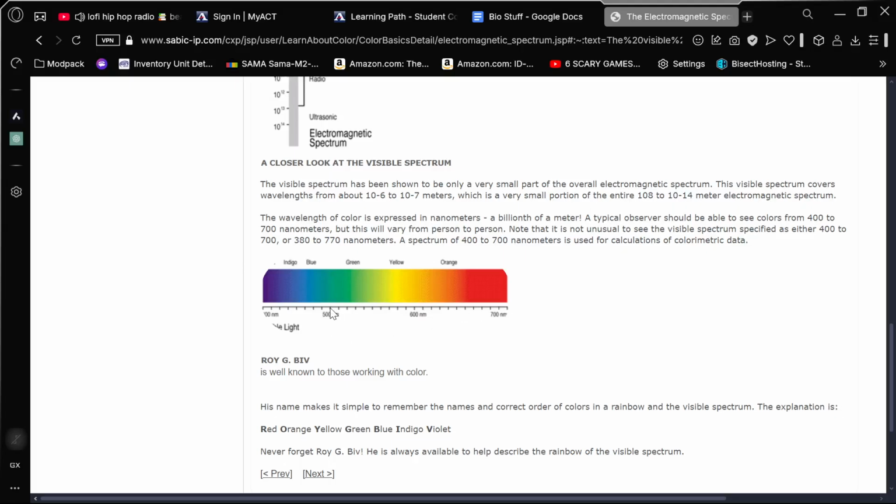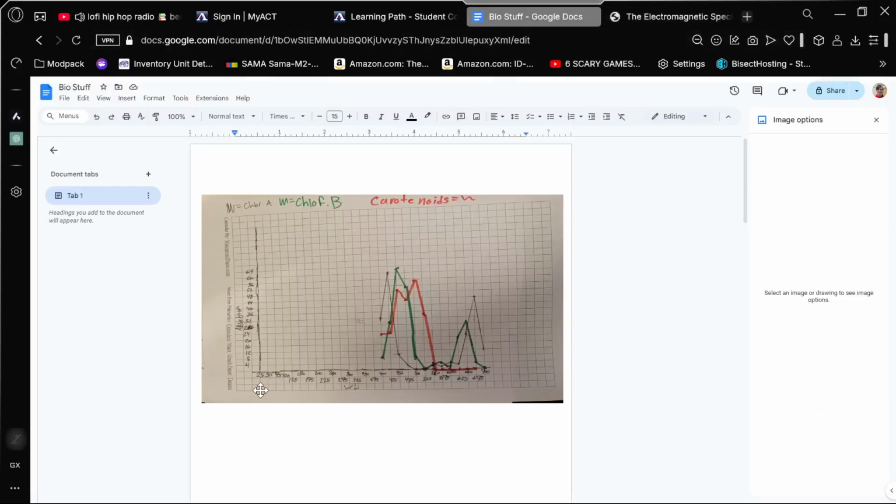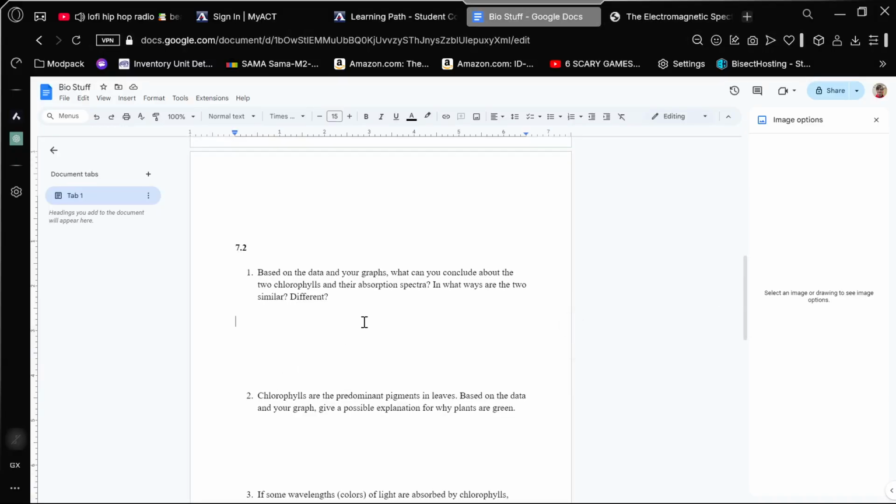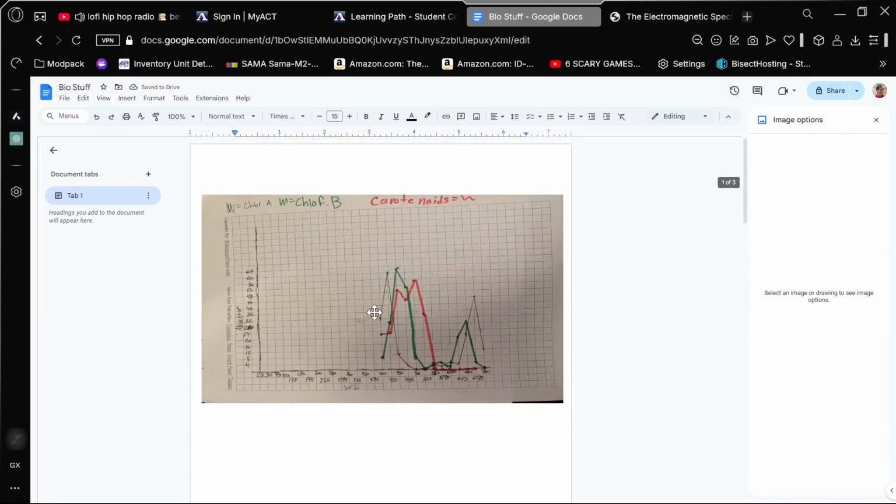Chlorophyll B just absorbs more blue, while if we look at chlorophyll A, that's about 25.